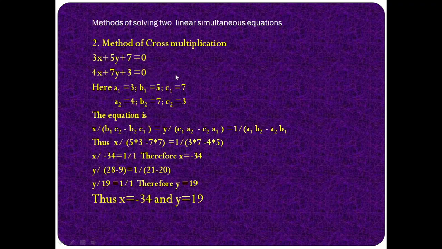So the equation should be converted like this. And then you will have to write what is a1, what is b1, what is c1. Here a1 is equal to 3, b1 is equal to 5, c1 is equal to 7. In the second equation, a2 is equal to 4, b2 is equal to 7, and c2 is equal to 3.